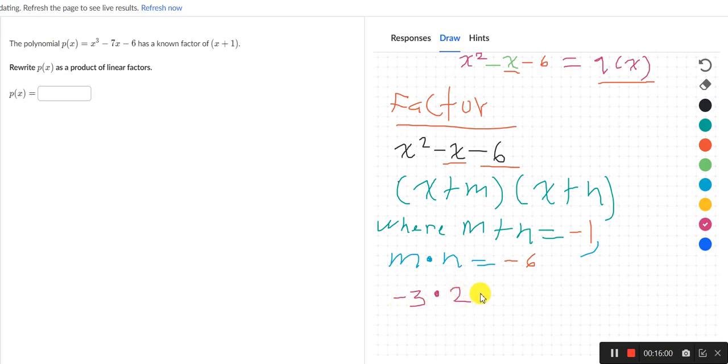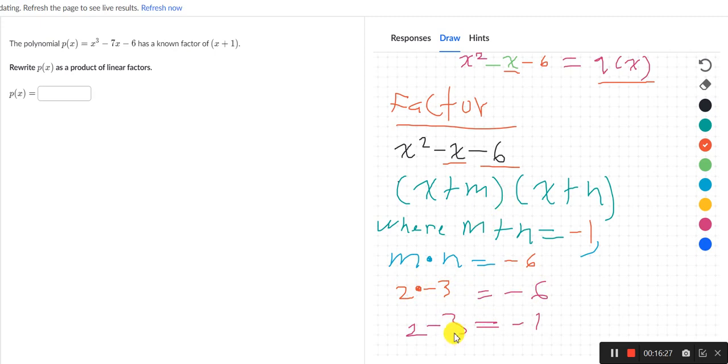Negative 3 times positive 2 will give you negative 6, and 2 minus 3 will give you negative 1. Remember, the order of the factors doesn't alter the product. You can say as well that 2 times negative 3 is negative 6. So those are the numbers.